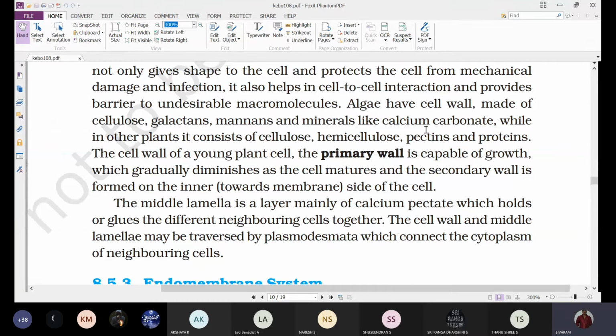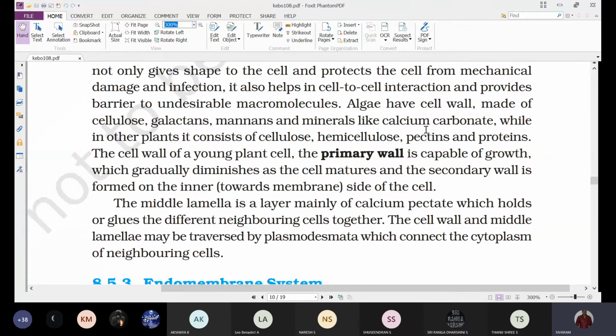The cell wall of a young plant cell, the primary wall, is capable of growth. That means when the plant cell is young, this primary cell wall is capable of growth, which gradually diminishes as the cell matures, and the secondary wall is formed on the inner side of the cell.